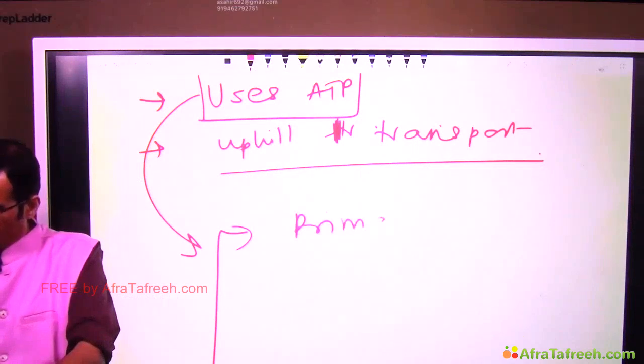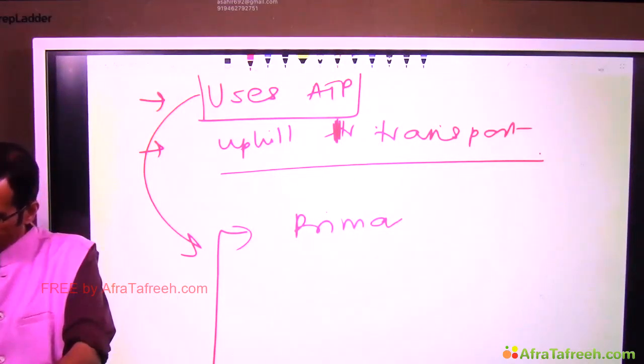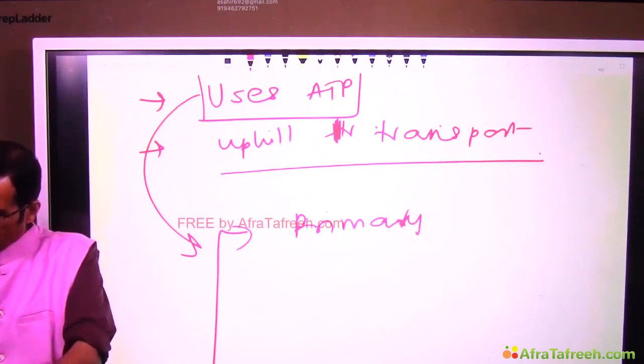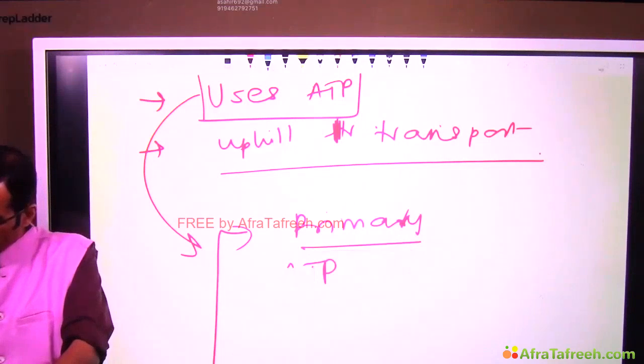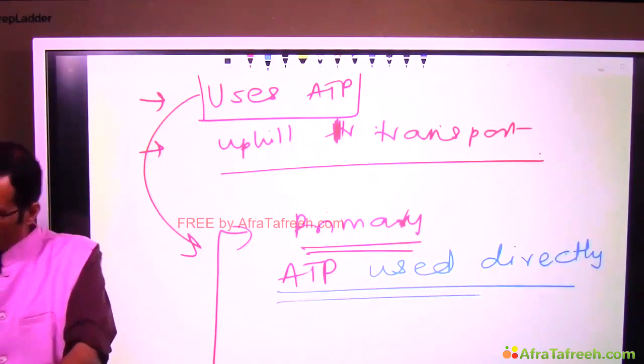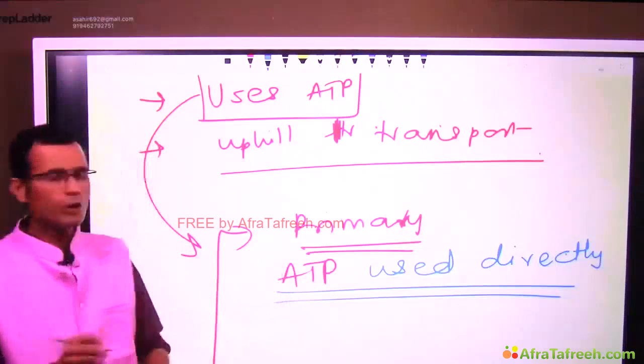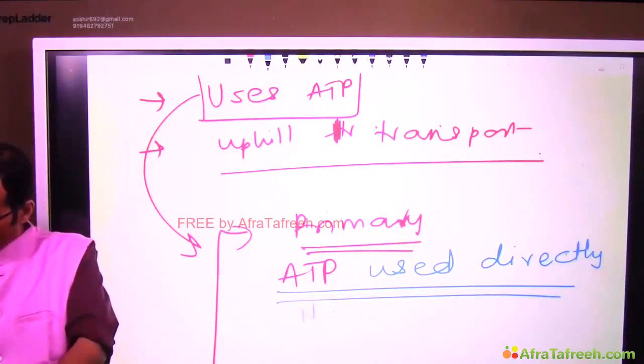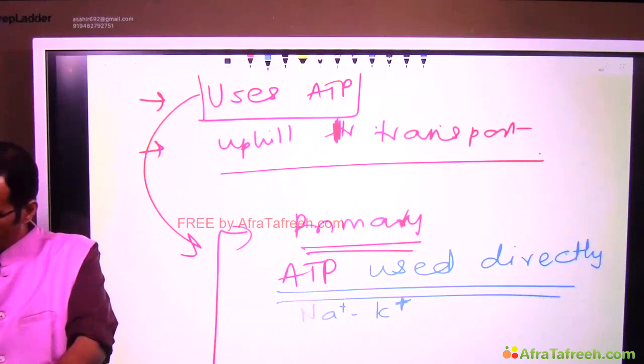Now, based on how it uses ATP, there are two types of active transports. One, the primary active transport, when ATP is used directly, then it will be called primary active transport. Example, our favorite sodium potassium pump.